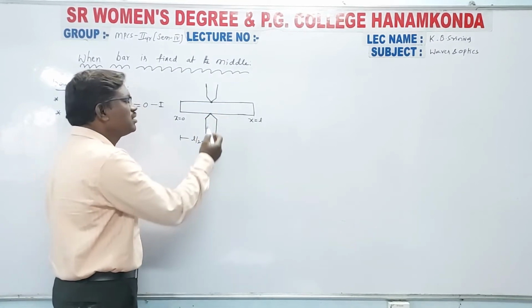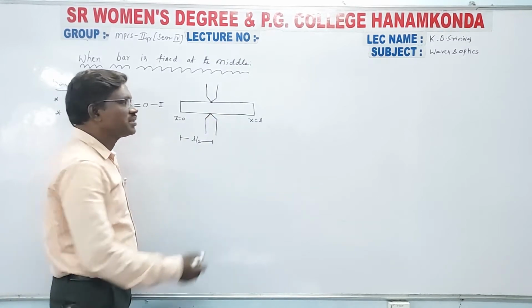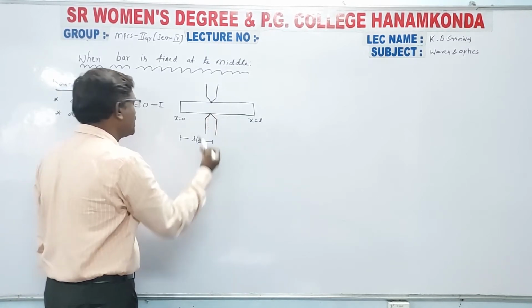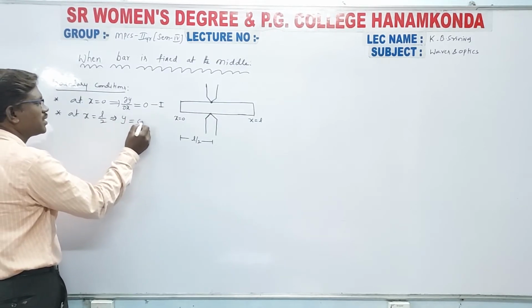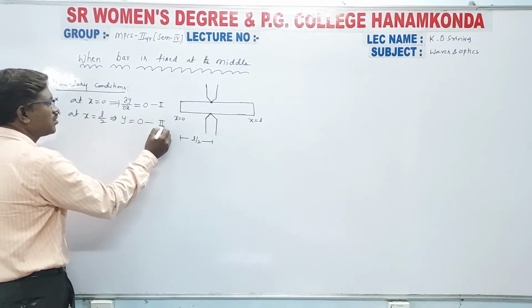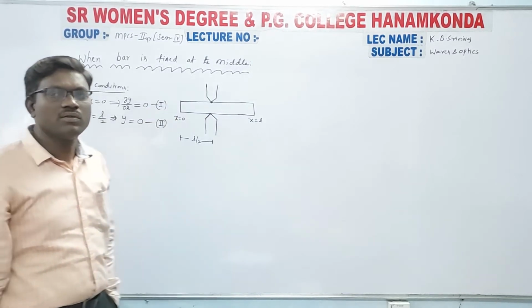Therefore the bar is not going to vibrate at this position. The displacement of the bar, represented by y, becomes 0 at this position. This is boundary condition 2, and this is boundary condition 1.